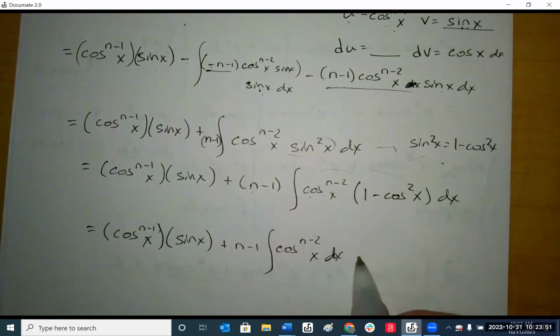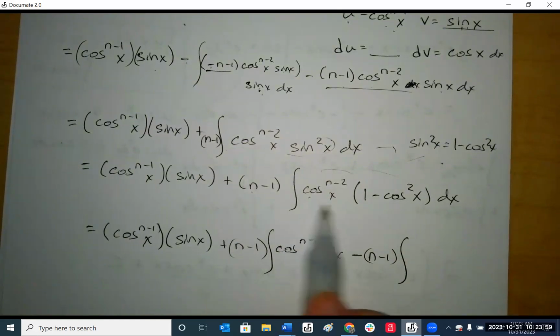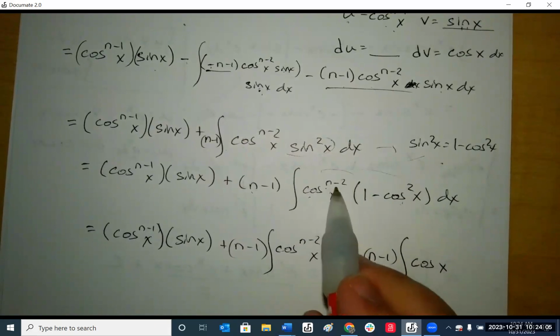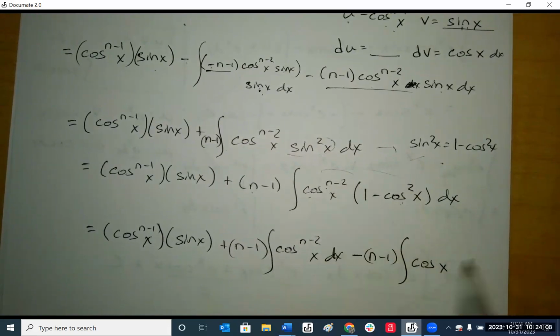And it's this whole thing, so it's minus (n minus 1) integral cosine times cosine squared, which is simply cosine, because you add the exponents. n minus 2 plus 2 is just n.